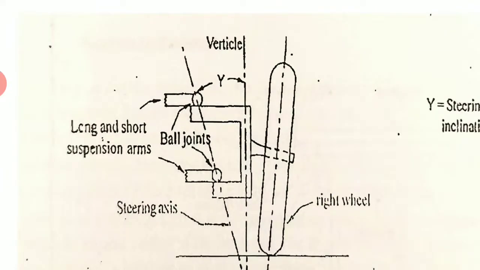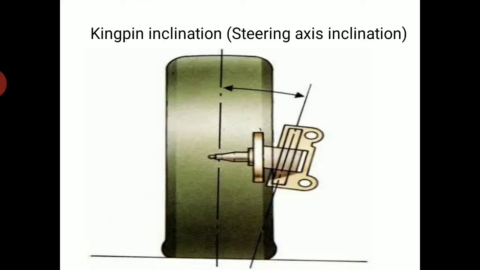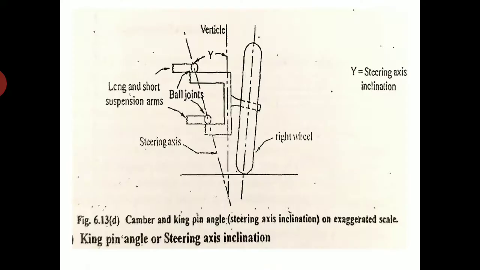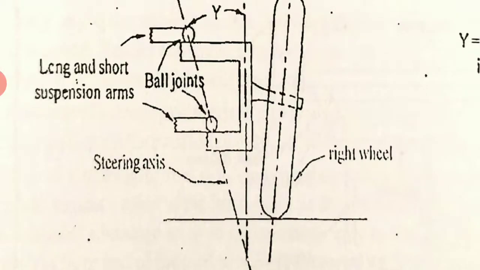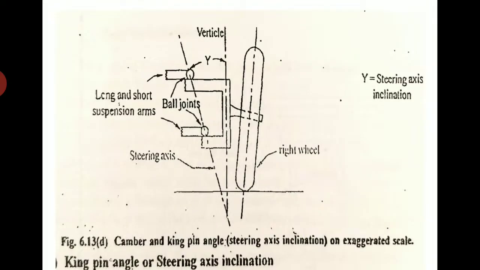Understand the difference? In the previous slide we saw that if a pin is attached, it is called kingpin inclination. If ball joints are provided here, it is called steering axis inclination. Understand the difference between balls and the pin. If a pin is attached, it is called kingpin. If balls are attached, it is called steering axis inclination.